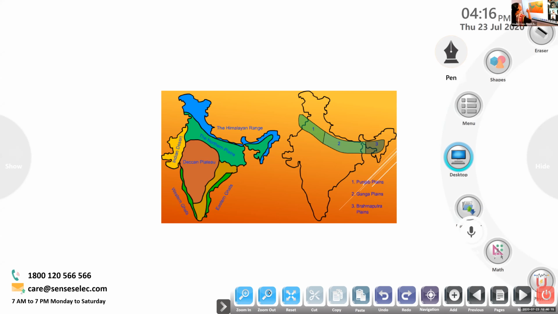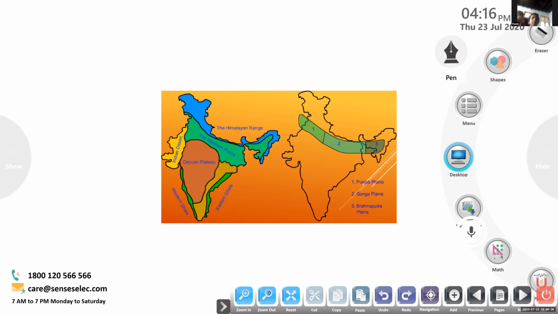The northern plains are classified into three. What are they? Punjab plains, Ganga plains, and Brahmaputra plains. Here it is marked 1, the Punjab plains. The second one is the Ganga plain. The third one is the Brahmaputra plain. Is it clear?